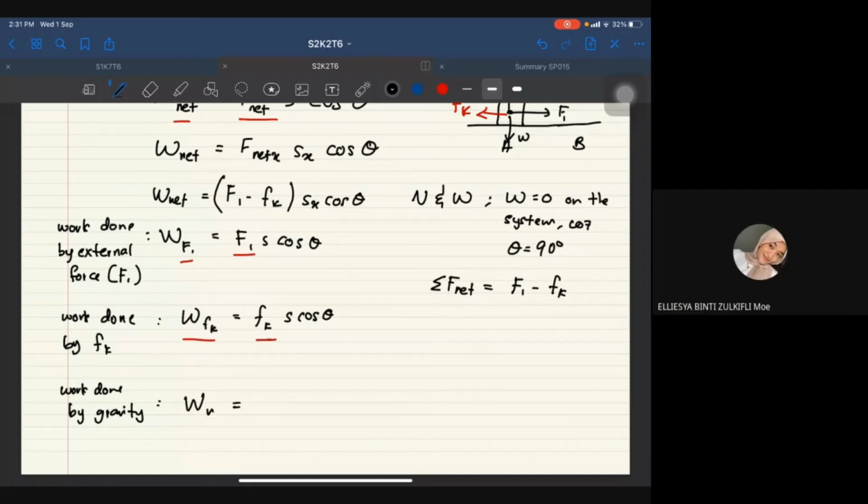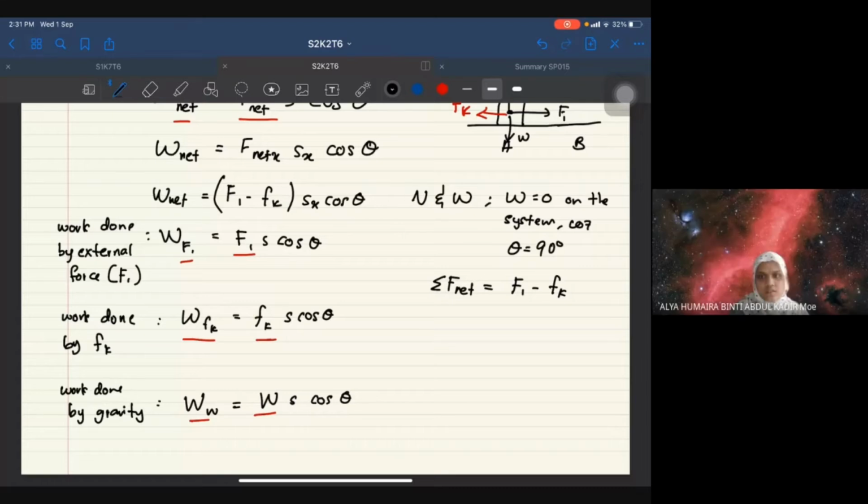Okay, so we use the force of weight dekat slot force tu kita substitutekan dia sebagai source pula. Cos theta. Kita substitute sebagai weight instead of the lain. So weight ni force juga. So in this case theta dia sama dengan berapa? Tadi kita dah discuss lah. Saya tanya balik.